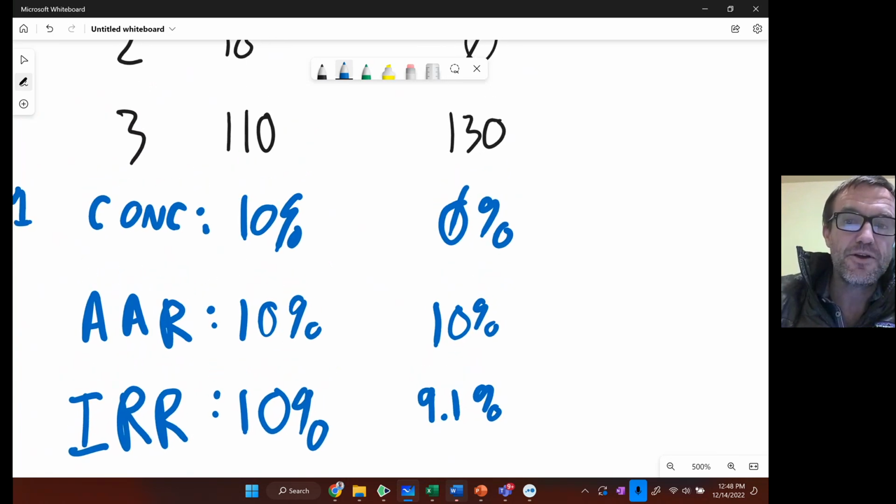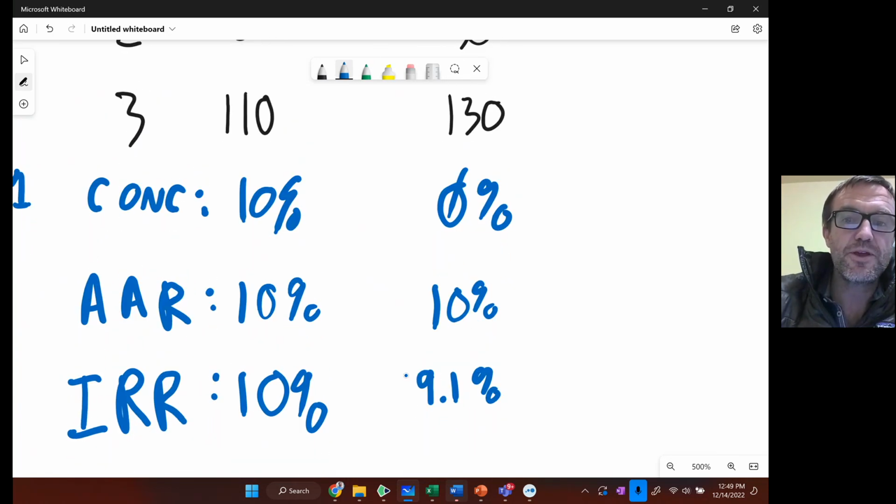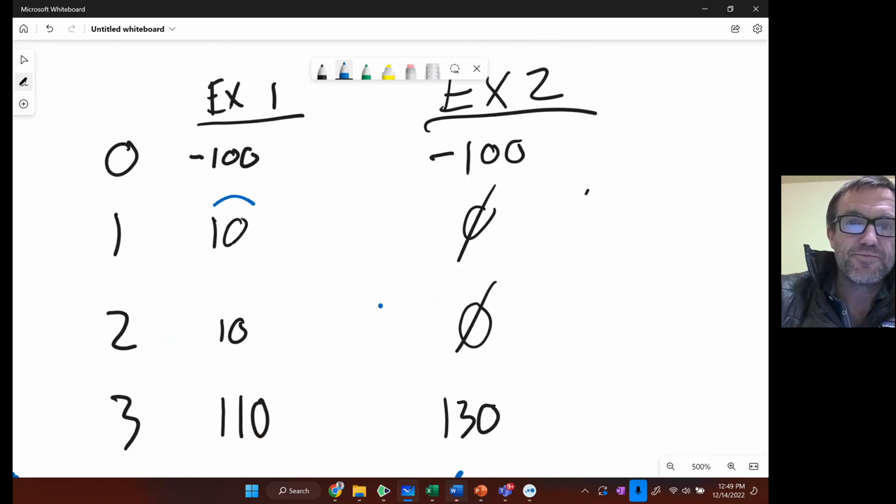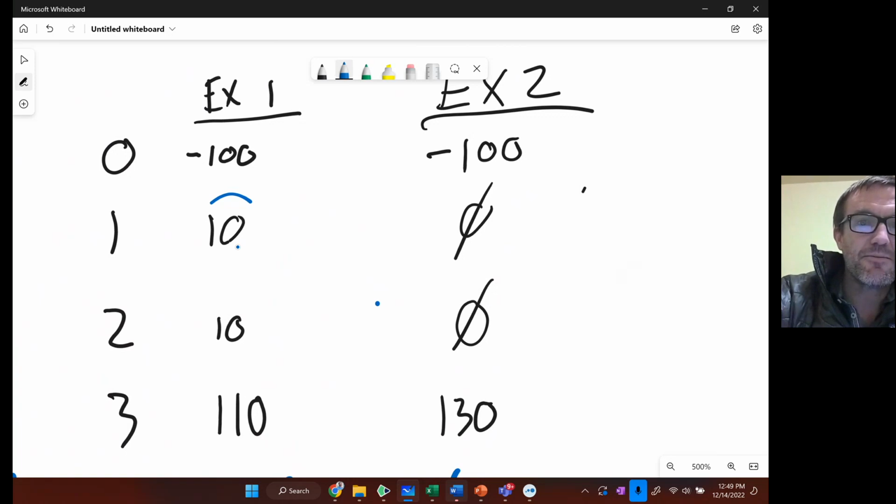So if you were to take a 9.1% return, that would be the same as scenario one, except instead of getting paid out, you're going to reinvest it. So let's say it's technically 9.1393, whatever. We'll just call it 9.1.